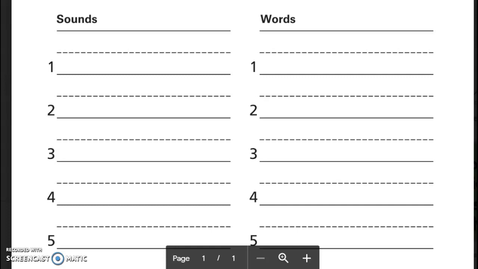So I'm going to tap some of these sounds out with you to help you with your spelling of the words. So the first word is nest. N, a, st, nest.